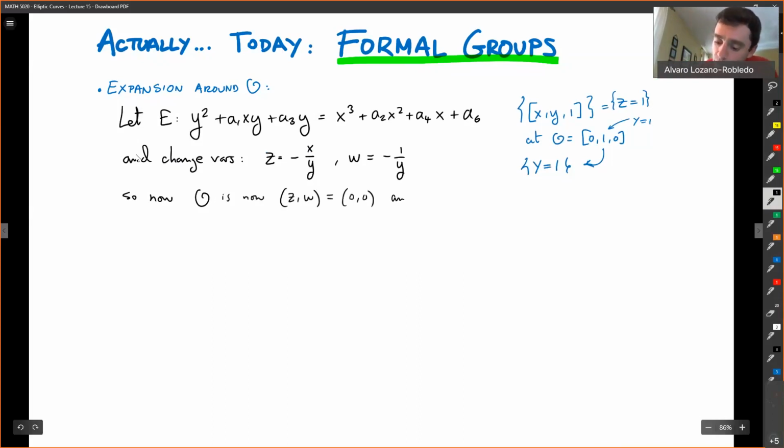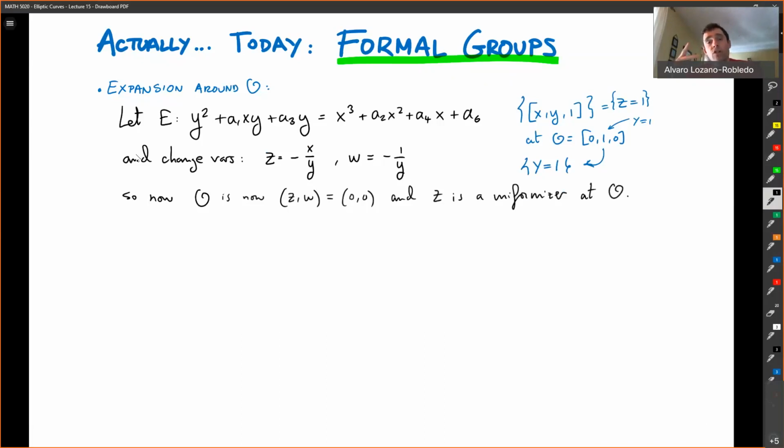And the coordinate Z is a uniformizer at O. Remember that Y had a triple pole at O, and X had a double pole at O. So X over Y has a single 0 at O, and 1 over Y has a triple 0 at O. So they both vanish at O, and Z vanishes to order 1 at O. Okay?